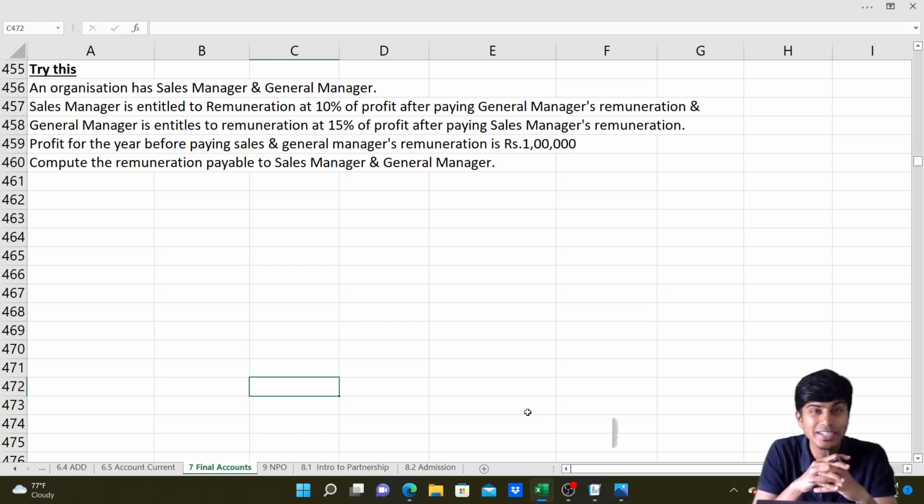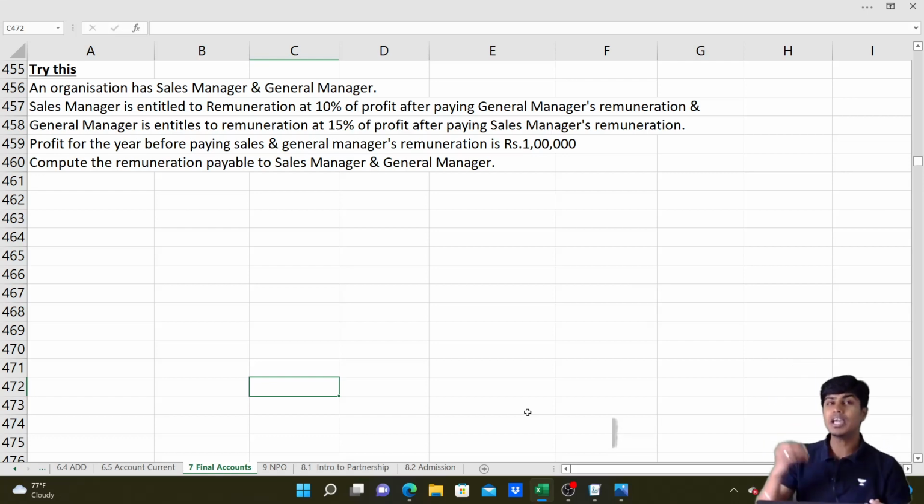But this question is going to be a little more tricky because it is going to be after charging, but not one's own commission, but after charging the other manager's commission. This entity has two managers, one sales manager and one general manager.